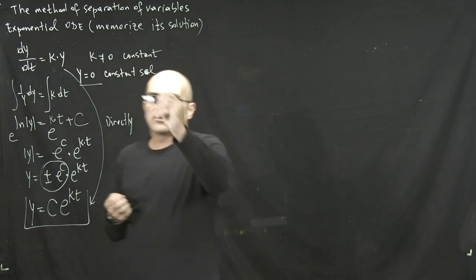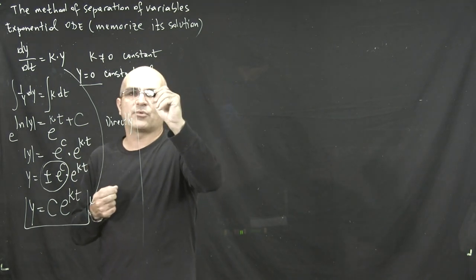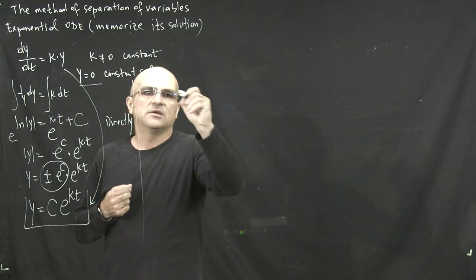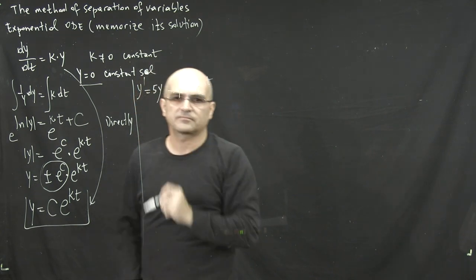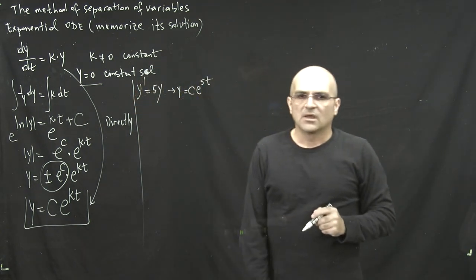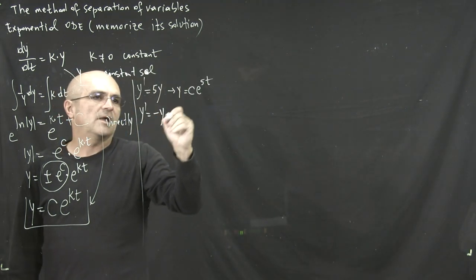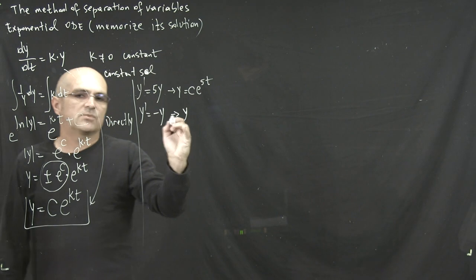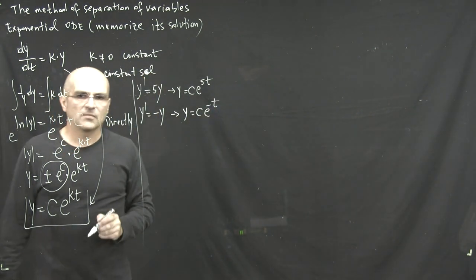So that means whenever you recognize that you have an exponential ODE, so for example, y prime equals 5y, just automatically write the solution y equals c e to the 5t. Or let's say y prime equals minus y. It's a constant times y, k is minus 1, so the solution is c e to the minus t.